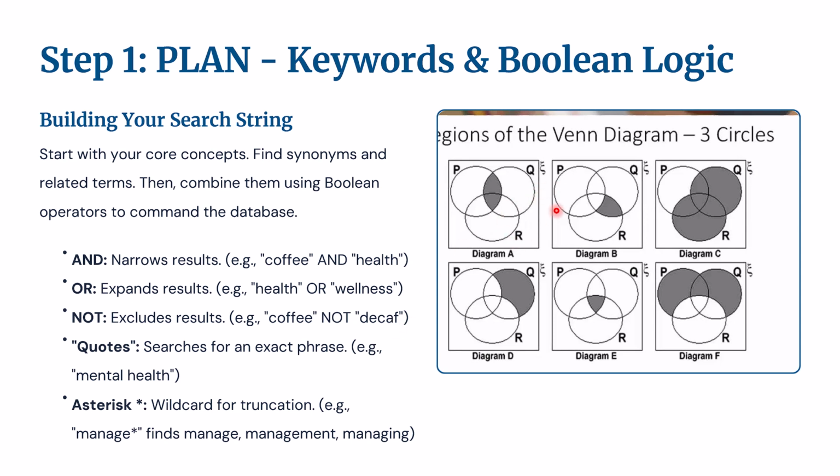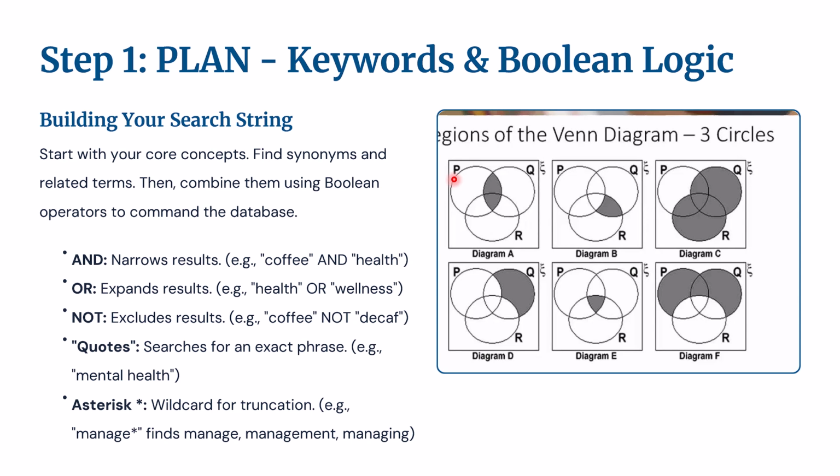Okay, here we are looking at the diagrams. Let's say P, Q, and R are keywords. To combine them and to find the literature that includes all three keywords, we have to use and.